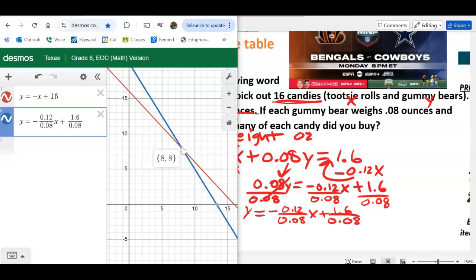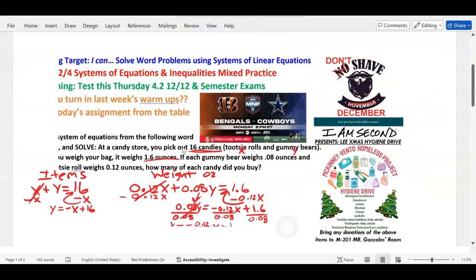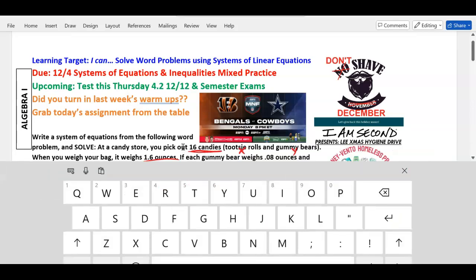Now in this situation, if it's 8 comma 8, I mean, they're both 8. Usually you have to interpret which one is x, which one is y. Well, in this case, they're both 8, right? So let me pull this right back up here.